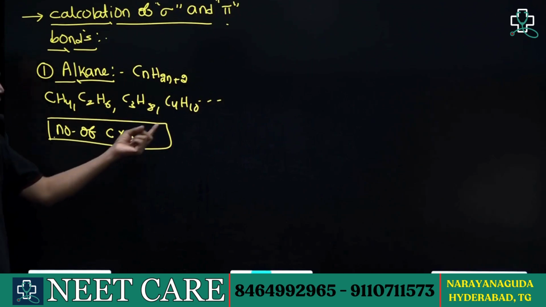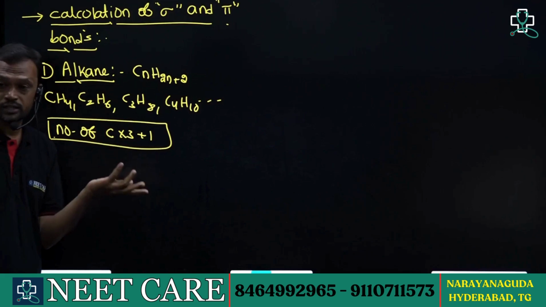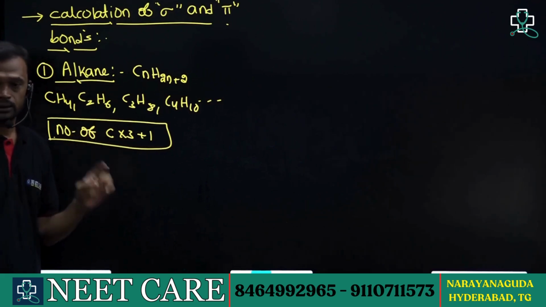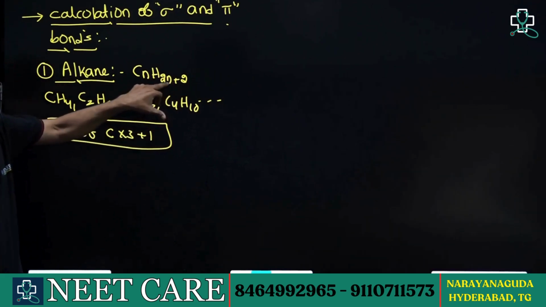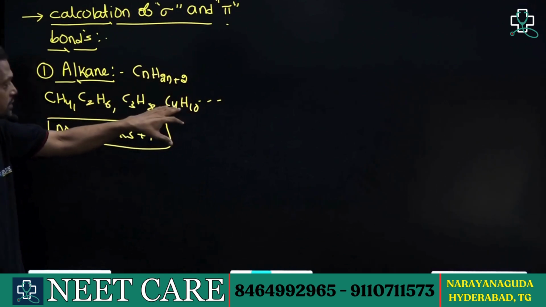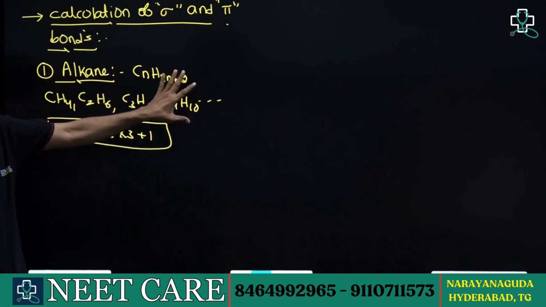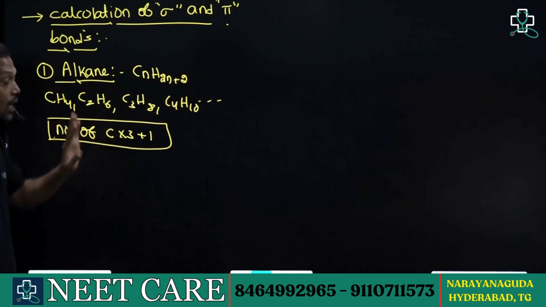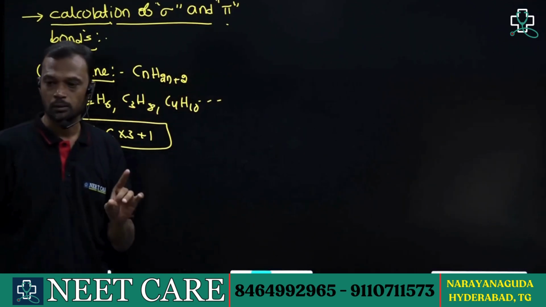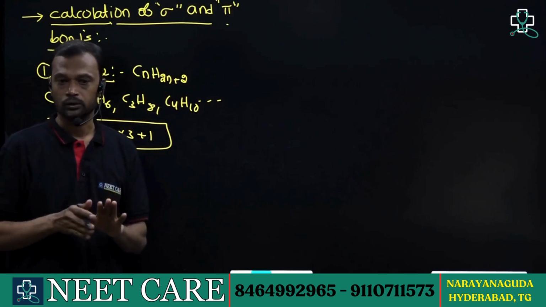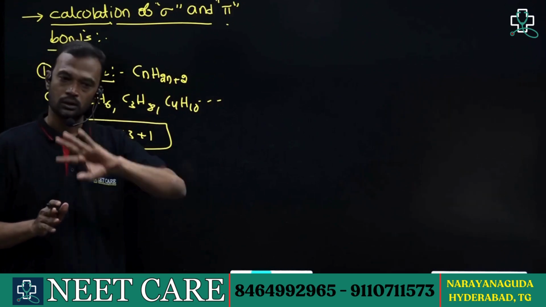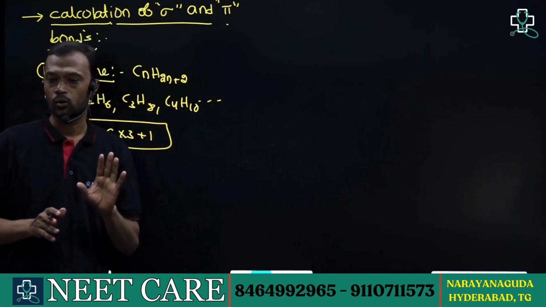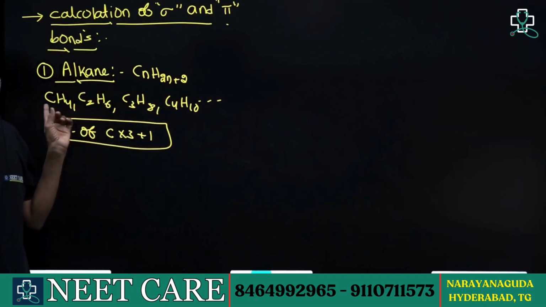If you know this formula, one can easily confirm it. An alkane carries only sigma bonds, but there is no pi bond, no double bond, no triple bond. Every carbon is surrounded by only sigma bonds. That is called an alkane.